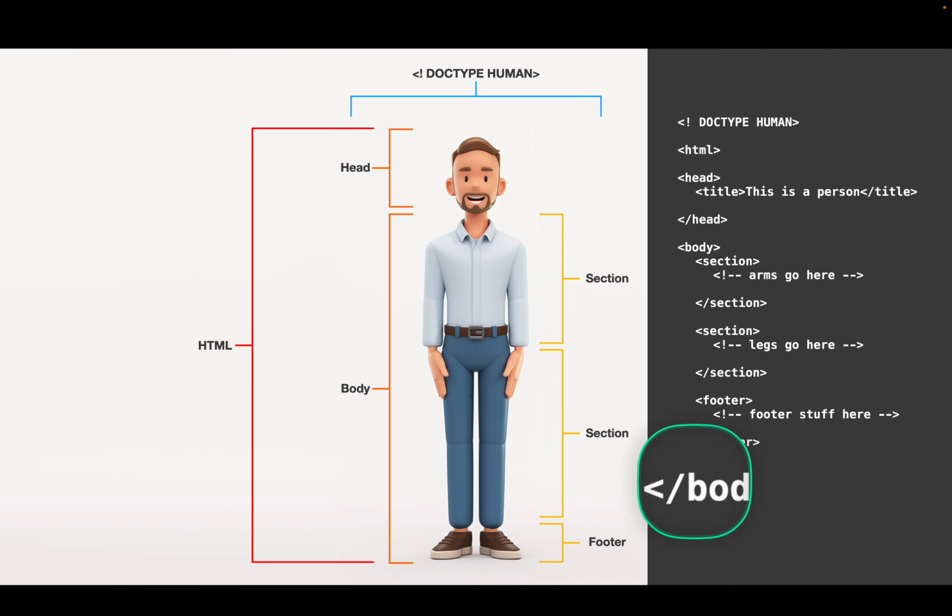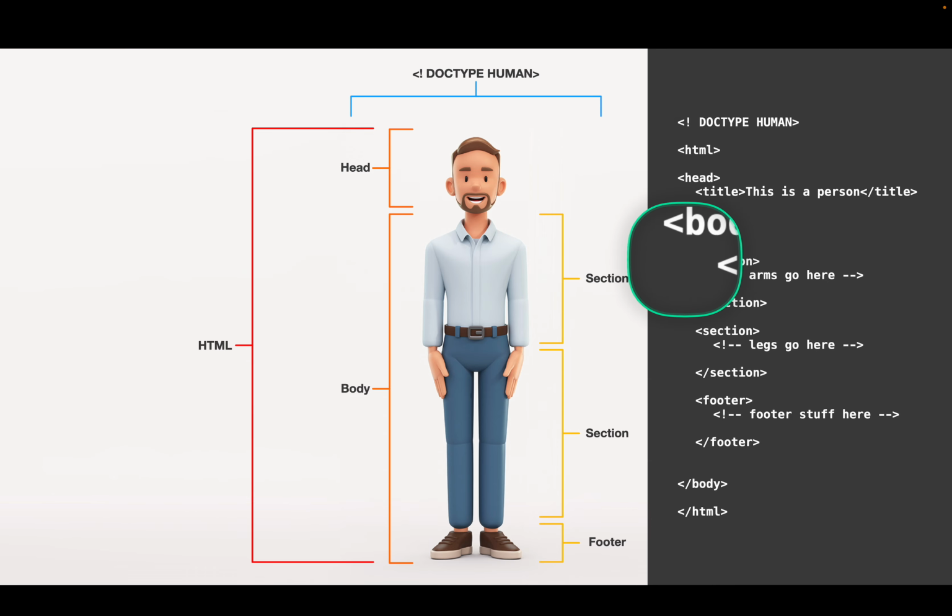The body element starting there and finishing there. And for the sake of clarity, to make it easier to read, I've indented that. So everything that's inside the body element, that is between the opening and closing tags, is indented a little bit. So you can see at a glance that it belongs to that body element.